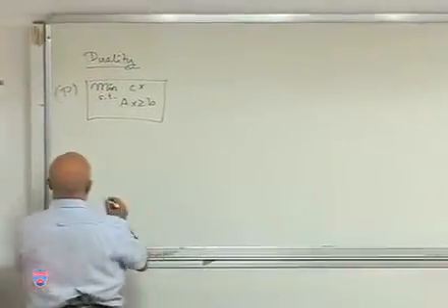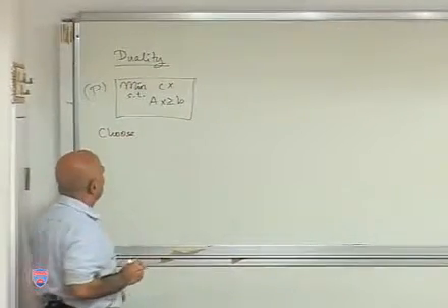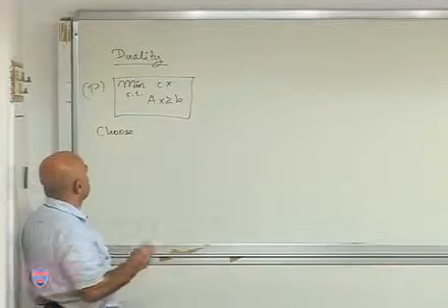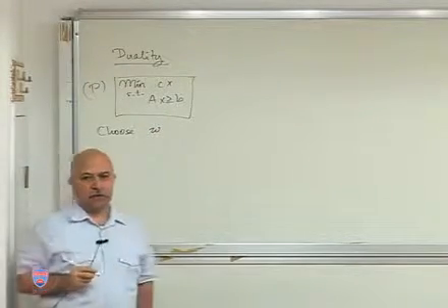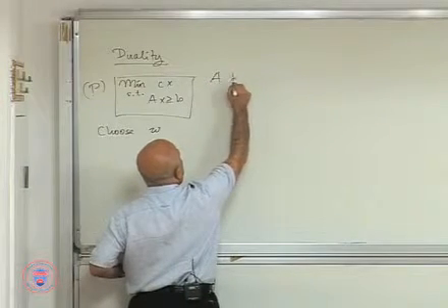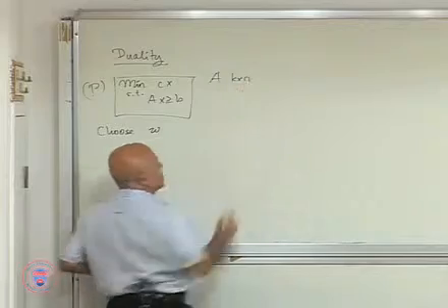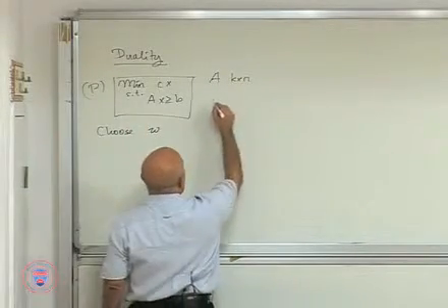So here, suppose we choose a row vector W. By the way, A here is, say, k by n. So it has k rows, n columns.